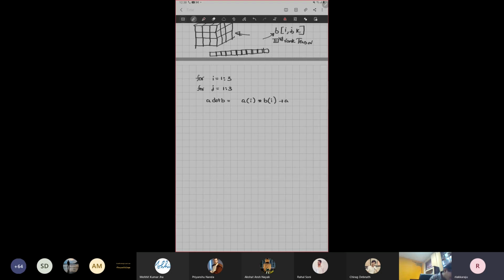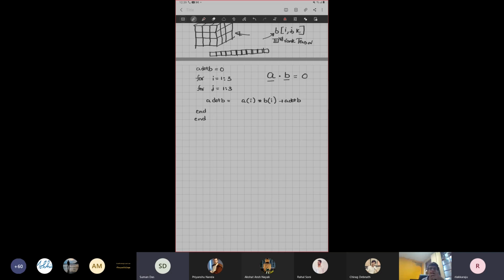So A dot B ends. Can you see the pseudo code? If this is clear, any mathematical operation by hand we do becomes easy. A vector dotting with B vector means this is the operation I have to do. Can you read the code?